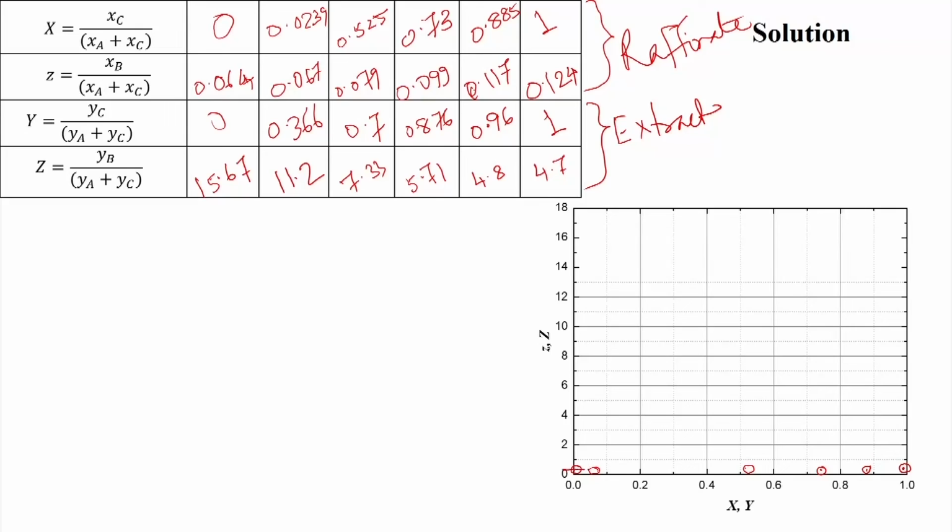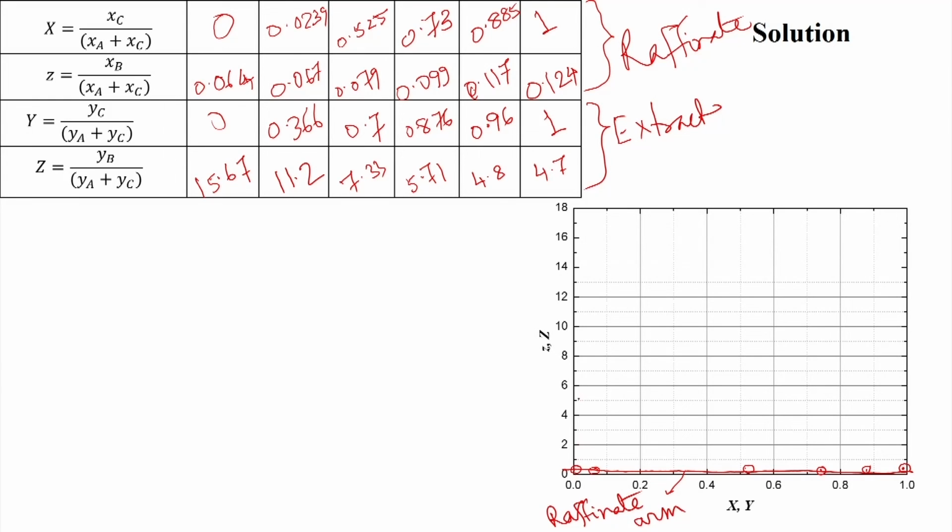So, if we plot this, it touches the xy axis like this. So, this is the raffinate arm.